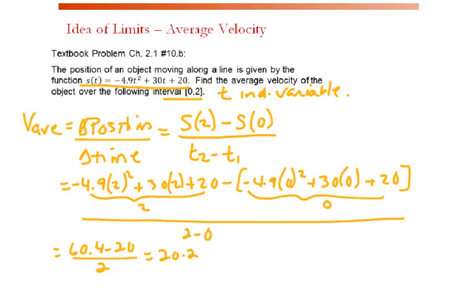And depending upon what the unit is, certainly if this is seconds or feet or miles, you would have a unit there, right? It's either going to be miles per hour or feet per second. Unfortunately, this textbook example didn't give you a unit that you'd be working in. Okay, so that's an example of average velocity.